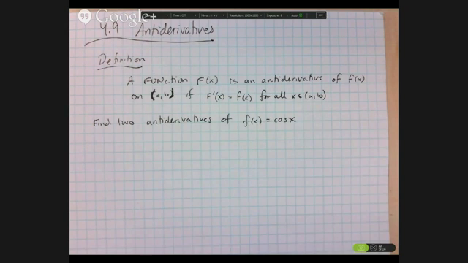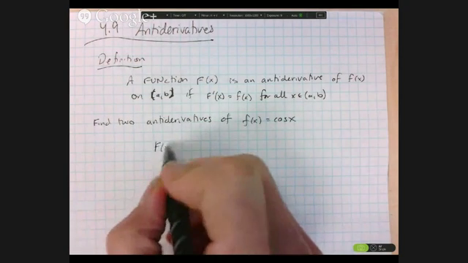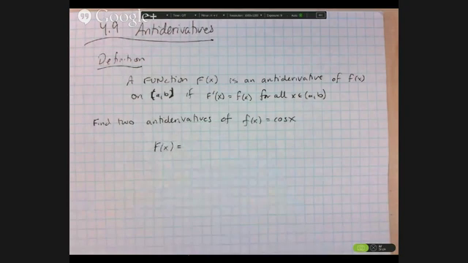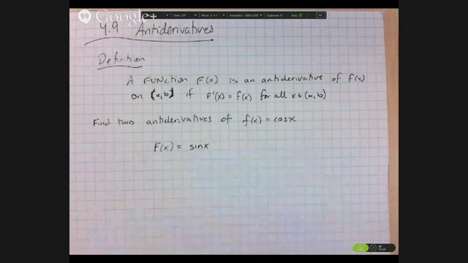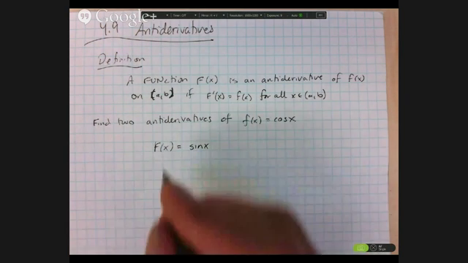Yeah. Okay, so if you want an antiderivative of little f, big F has to be a function you take the derivative of and it gives you cosine. That's one possibility. What's another possibility?